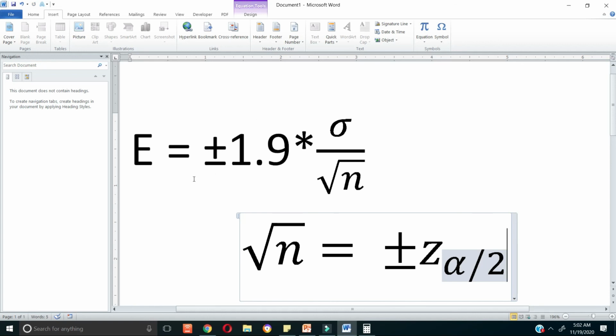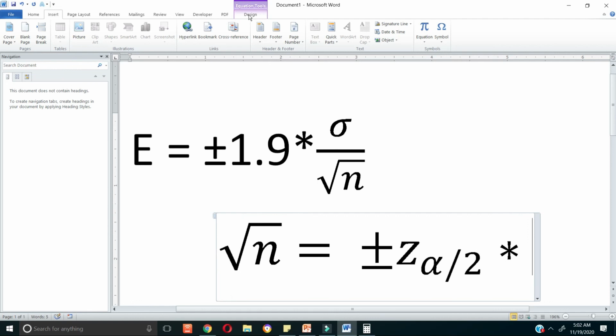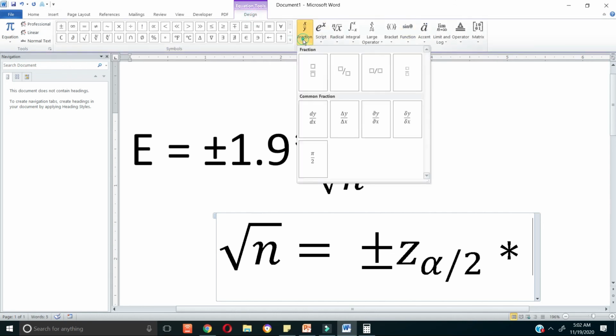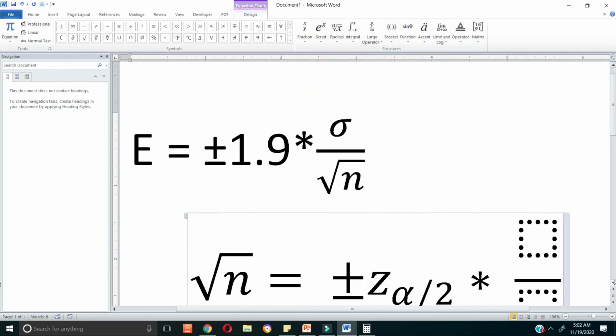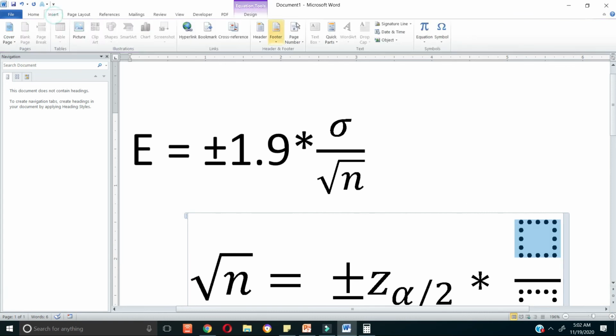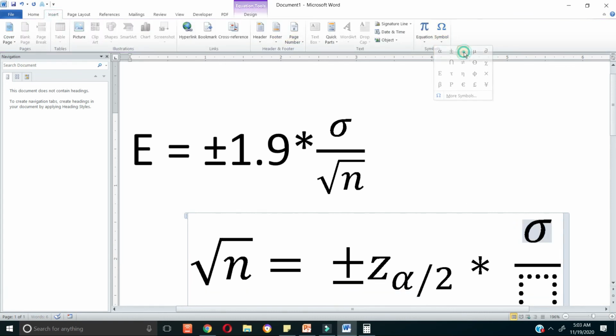This value over here is z alpha over 2, and then you're multiplying it by this fraction. So now it's going to be sigma over e, right?